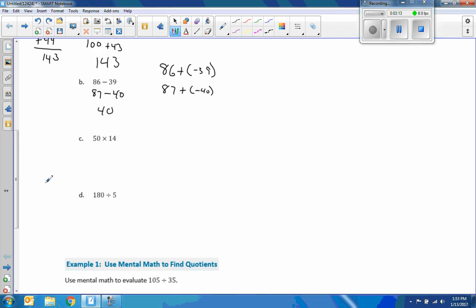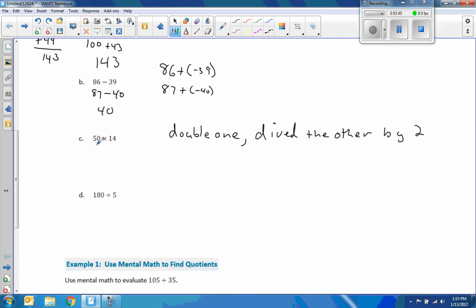50 times 14. Now with multiplication, if we double 1, divide the other by 2. So let me explain that here.